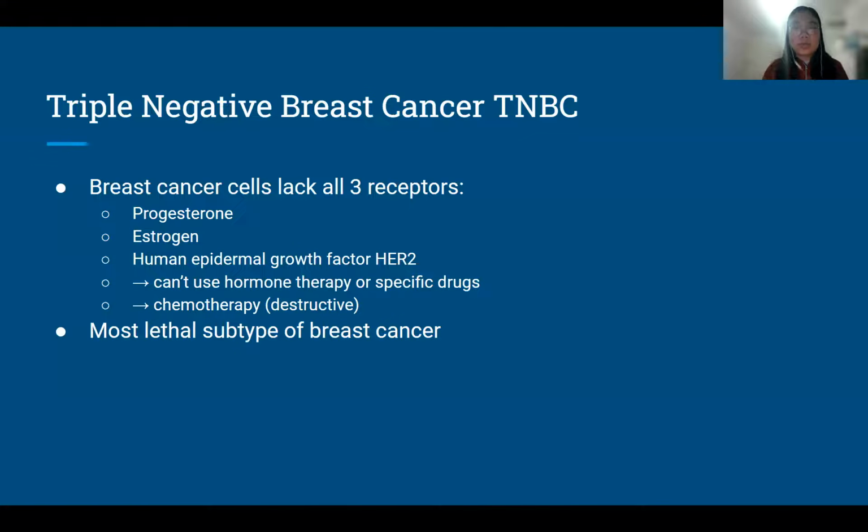This basically means that hormone therapy and other specifically targeting drugs cannot be used, and instead mostly people will rely on chemotherapy to attempt to kill off these cancer cells. And as we all know, chemotherapy is quite destructive.